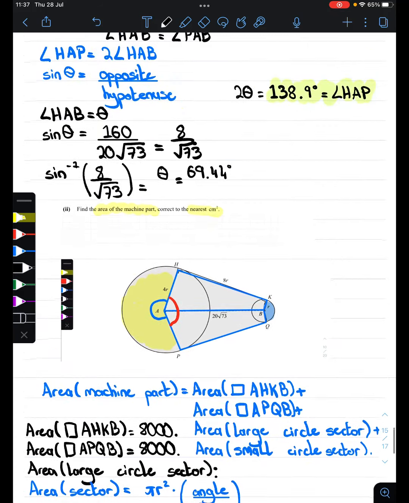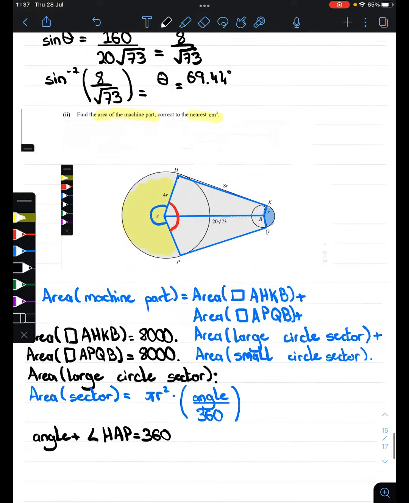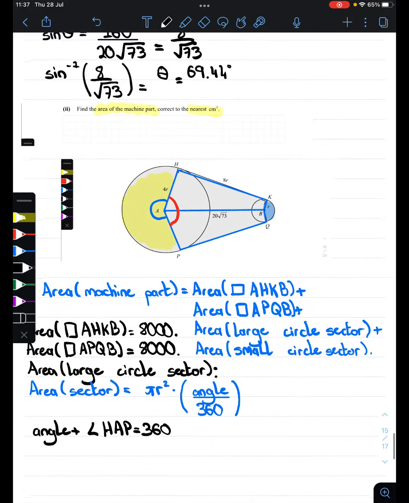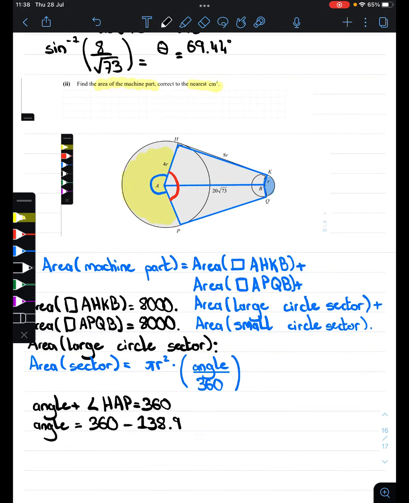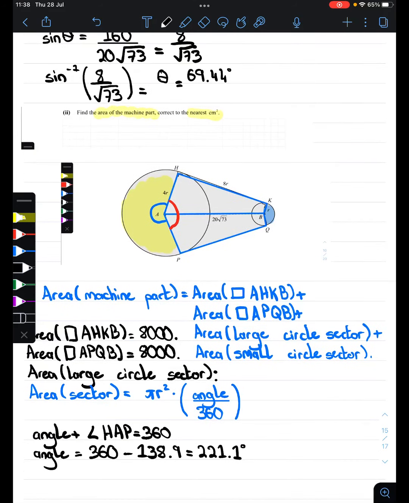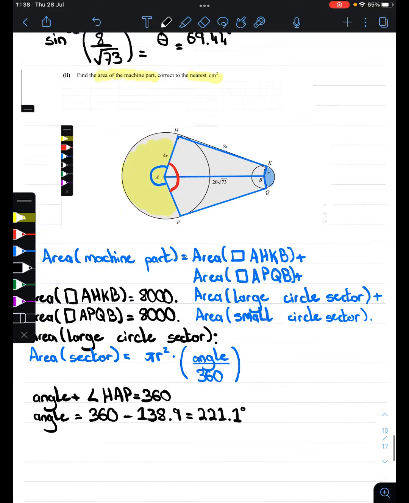And we actually know what HAP is, we just calculated it. So our angle is 360 minus HAP, minus 138.9, what we calculated HAP to be. So this makes it 221.1 degrees.